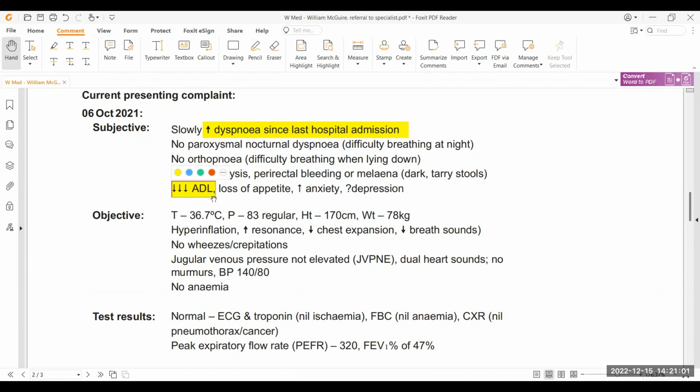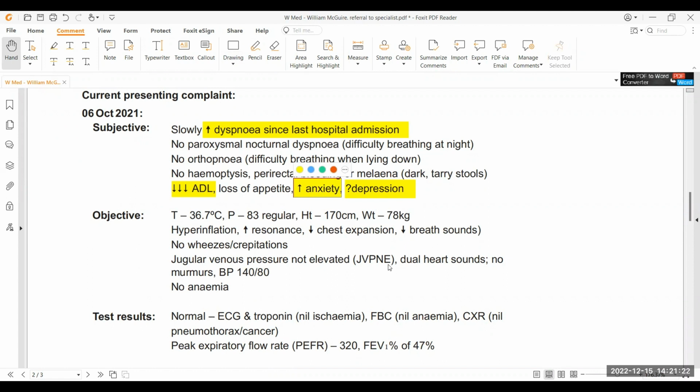We'll see where we can organize this one. And you can see here that you seem to be provisionally diagnosing him with depression because of the question mark. Increased anxiety, and maybe he is experiencing depression.